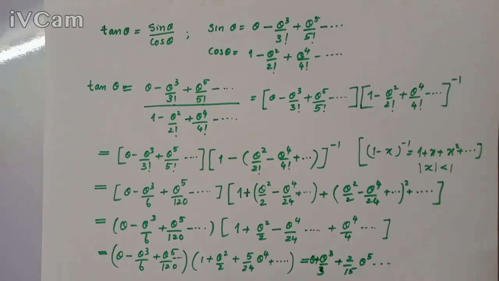So this implies tan theta can be written in ascending powers of theta as theta plus theta cube by 3 plus 2 by 15 times theta raised to 5 plus etc. So this is the expansion of tan theta in the ascending powers of theta. Thank you.